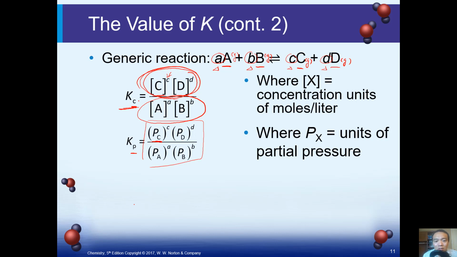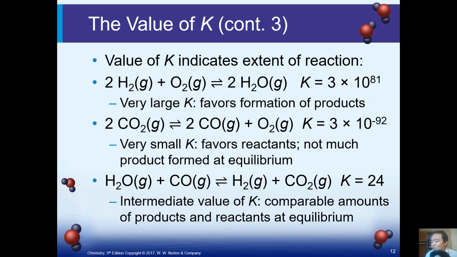And vice versa. So when you look at these three specific examples, the first reaction has a really large equilibrium constant K. That just means the reaction favors the formation of the products. But it does not tell you if this reaction is fast or slow. All right, just want to emphasize that. For the second reaction, it's quite the opposite.